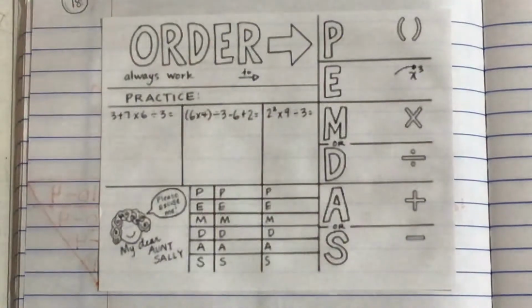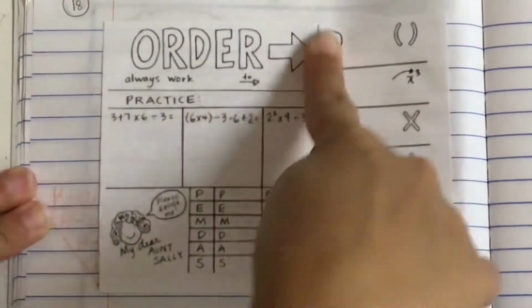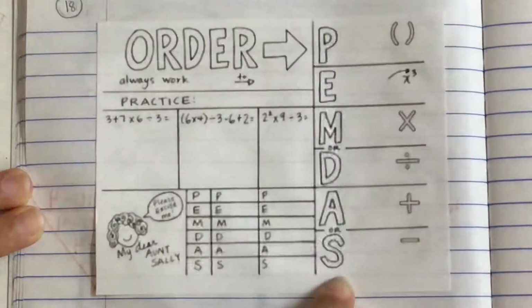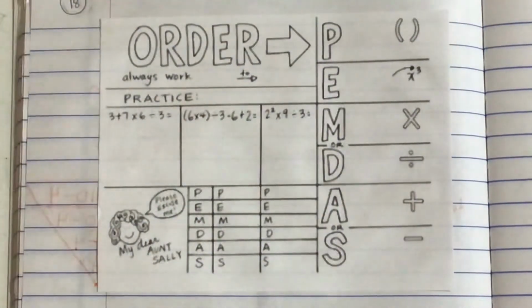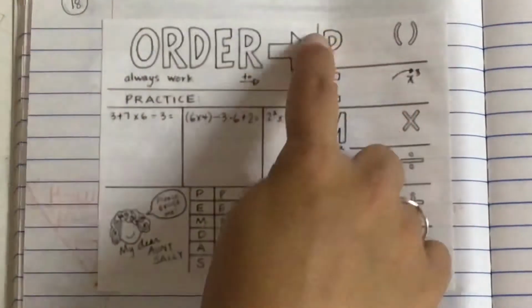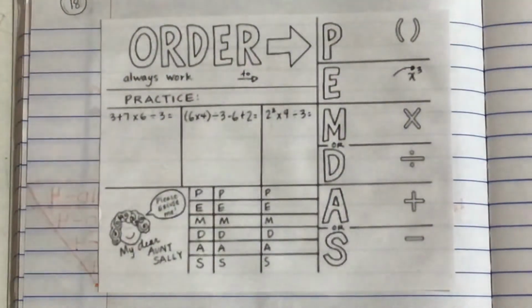Okay, so first things first, when we are doing order of operations, the first step is always PEMDAS or PEMDAS, depending on the dialect that you have. So the order is always parentheses, exponents, but I wanted you to take out 4 colors.